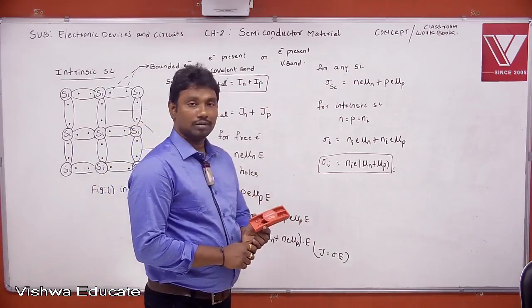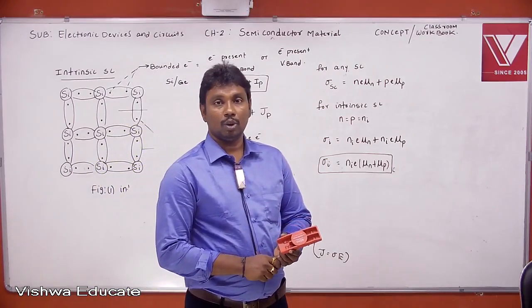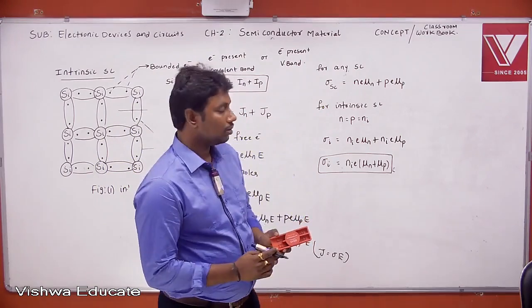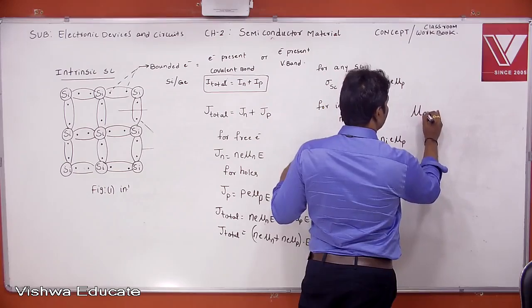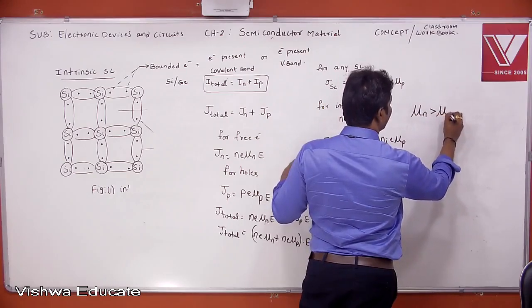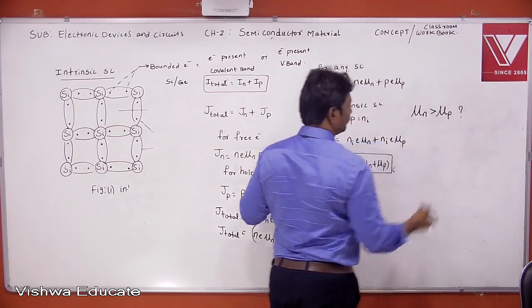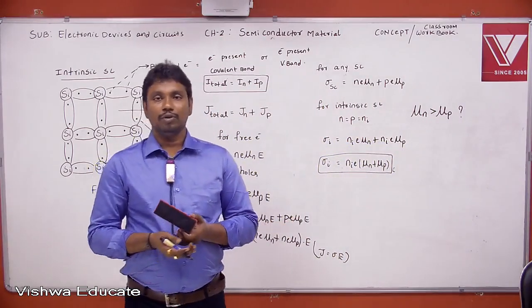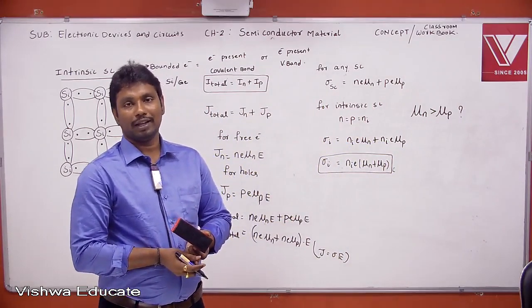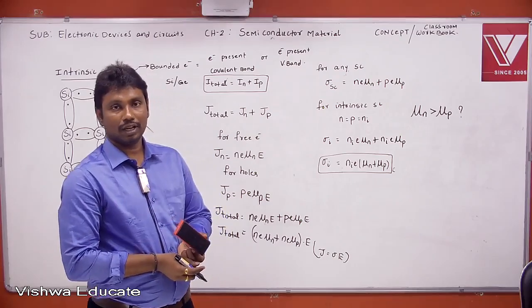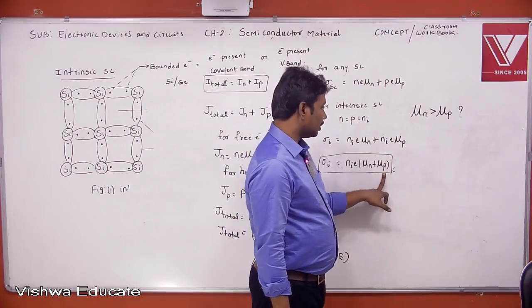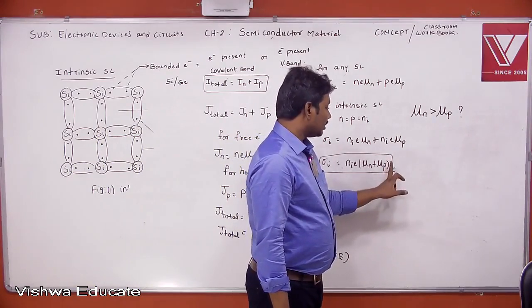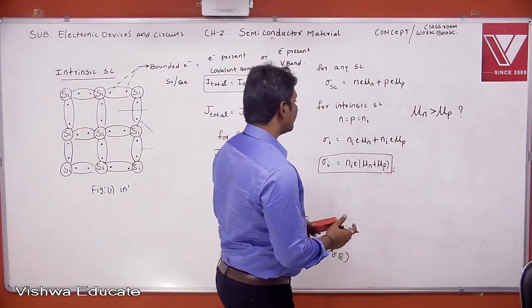Next, note. Here, mobility of electron is greater than mobility of hole. Why is mu n greater than mu p? Listen.